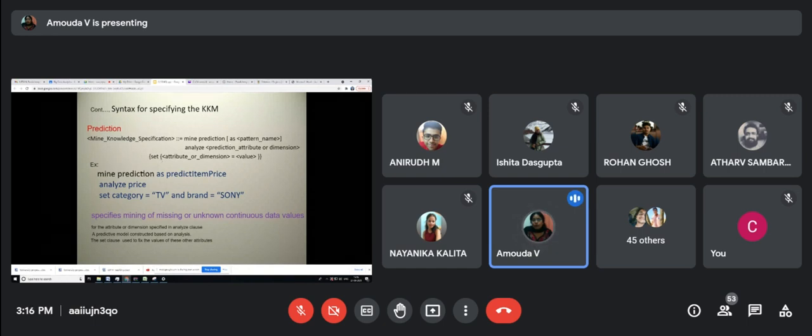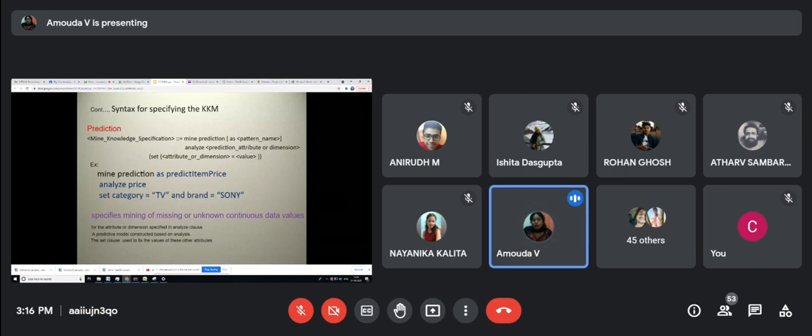Mine prediction, because the function is prediction. As pattern name, this has to be given by you. Okay, I say the function is prediction and the pattern name chosen by me, and analyze the prediction attribute. Which attribute you want to analyze, and set attribute value. What is predicted? That value should be given.